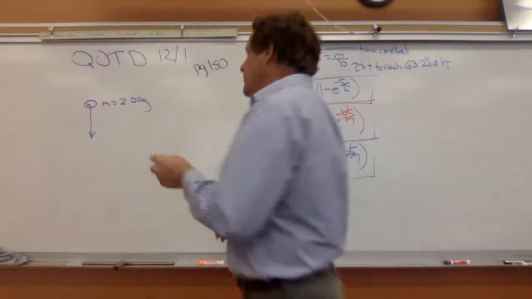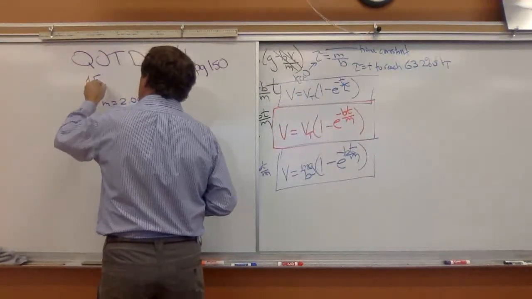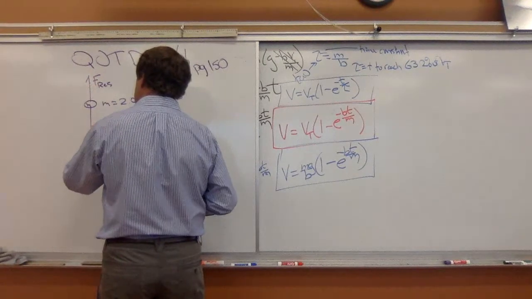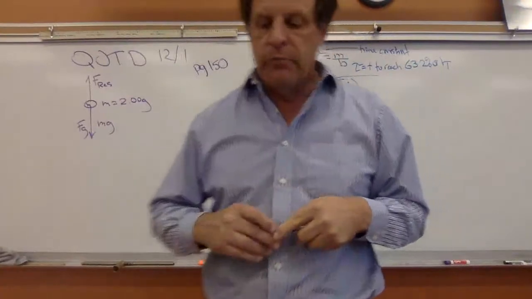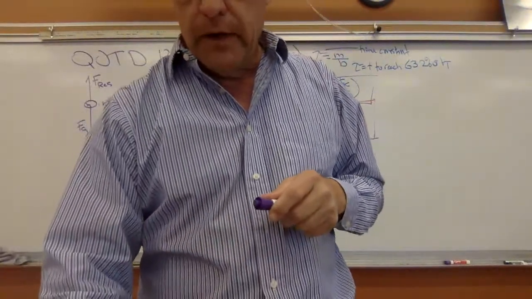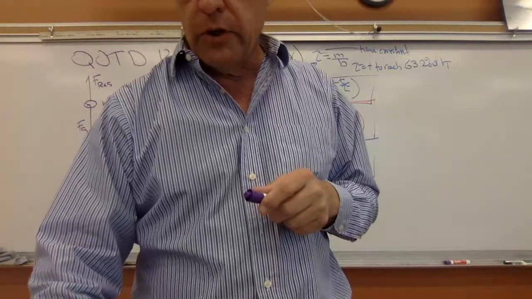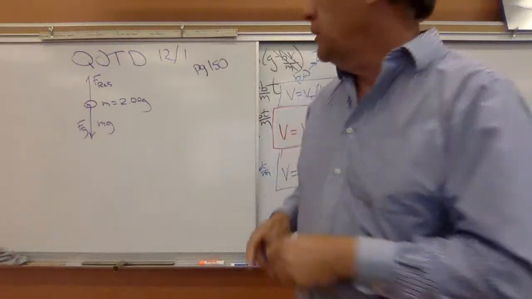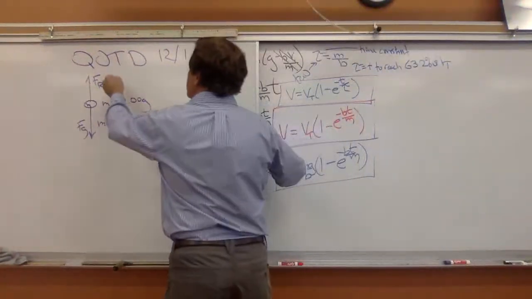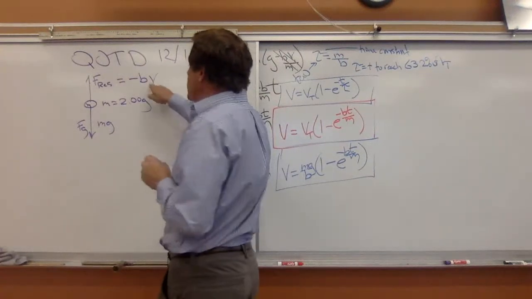And as it moves, it's going to have a resistance force that's going up, and it's going to have a force of mg going down. It's released from rest in a large vessel filled with oil, and it experiences a resistance force proportional to speed. So this means it's going to be bv.